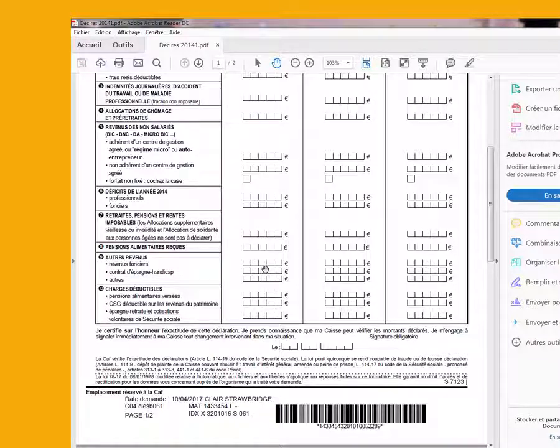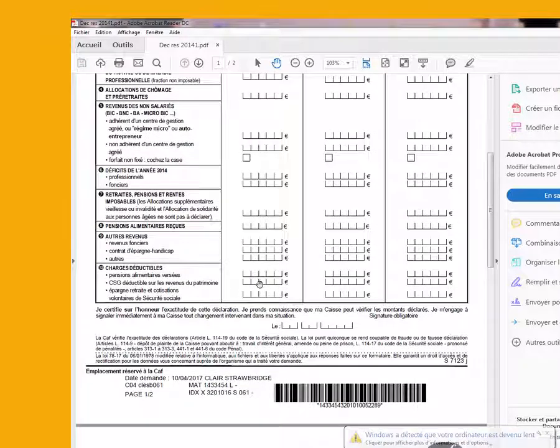Section 9 is any other revenue, so that could be rental income from properties, it could be handicapped benefits, and under autos anything else. And the next section is anything that you could reduce from your income, so anything that you are paying out. So if you're paying alimony for children, if you are paying CSG, that is deductible, you can put that in there as well.